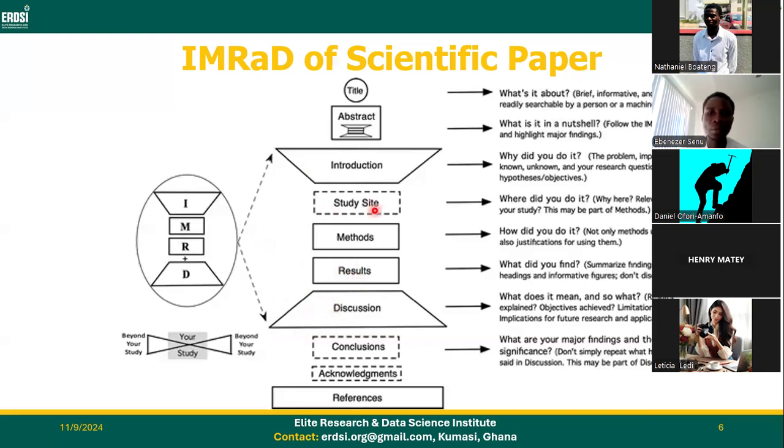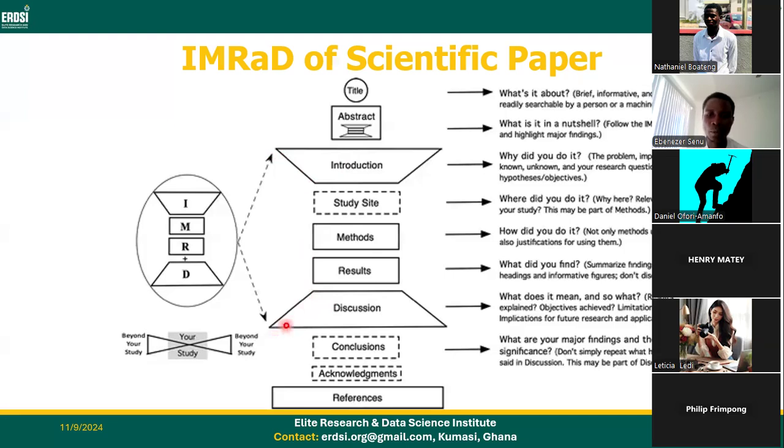In the introduction, you start broad and narrow down to your specific aim or hypothesis. In discussion, we start with specific findings, then relate them to broader literature.